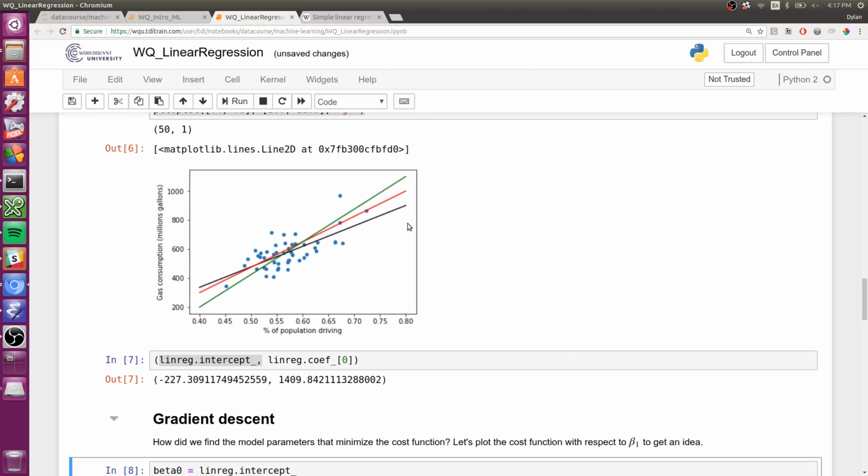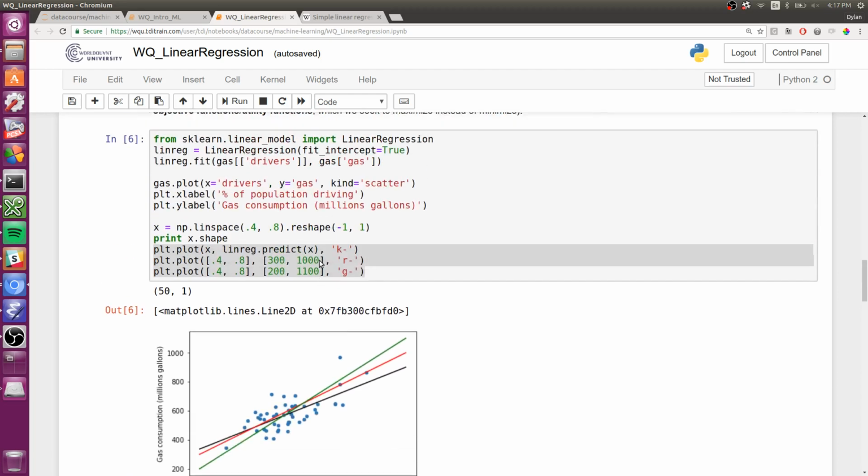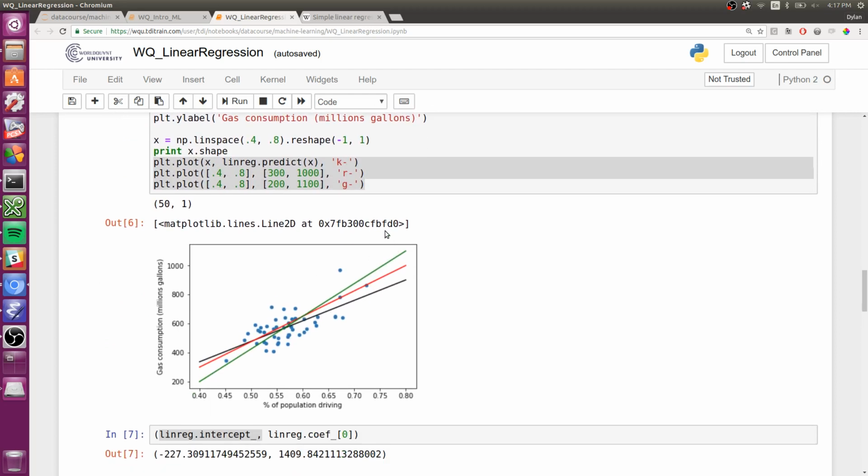And when I let it dip down, many of the points are going to move above the line and far away from the line, and the mean squared error will probably go up. And as I tilt it up, many of the points will end up under the line, and their mean squared error will increase and increase. So as I move the line up or down, the mean squared error will tend to increase.